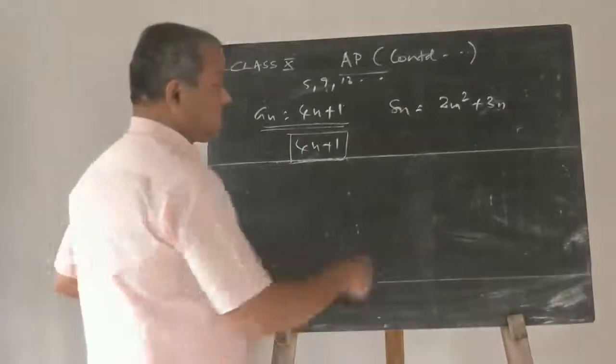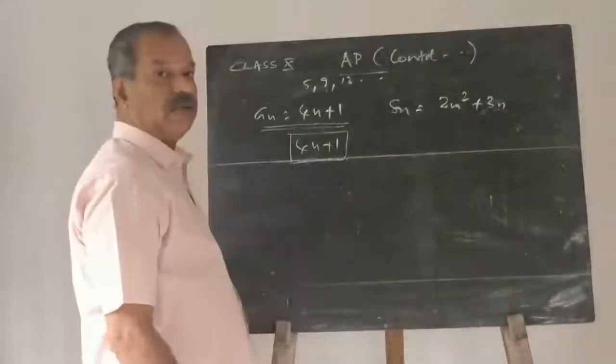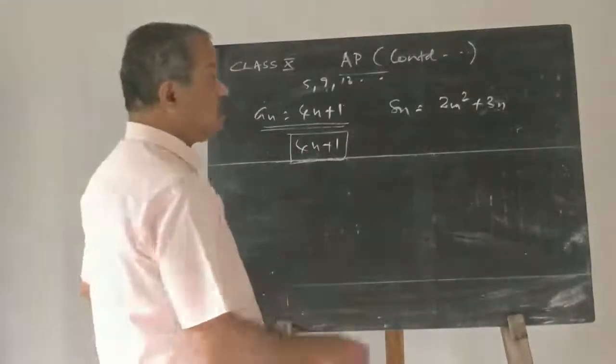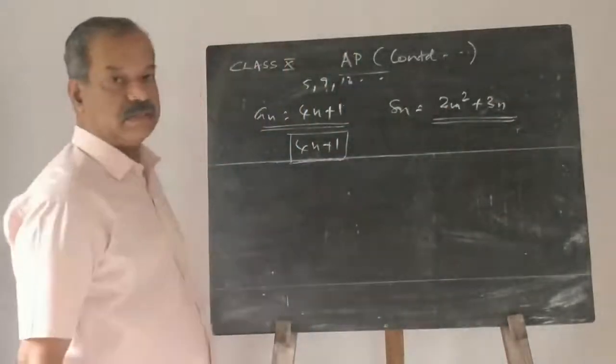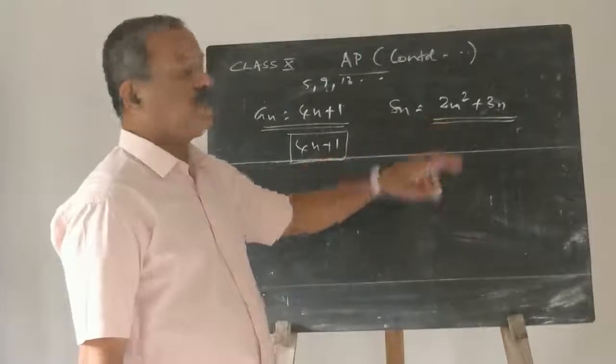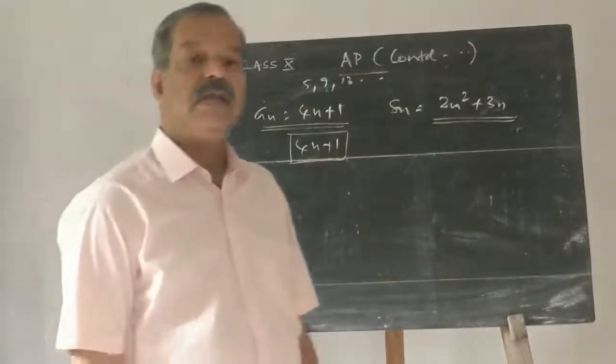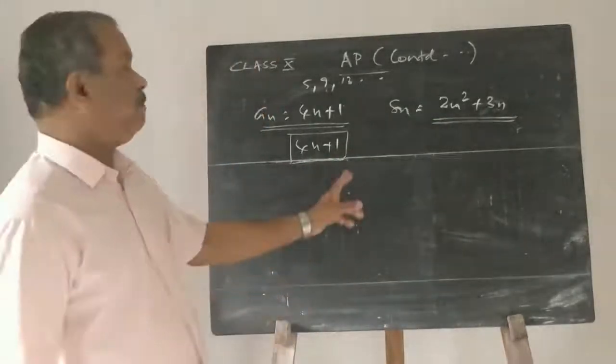But what about the sum of n terms of any AP? It is a quadratic polynomial, second degree.